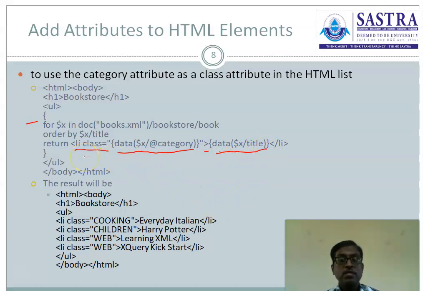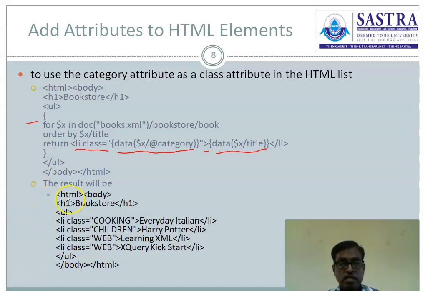Previously we were displaying independent HTML elements. Within li we are displaying category as well as the title data. Here in the li tag, or li element, we are including the class attribute, and then category is displayed in the class attribute of li.